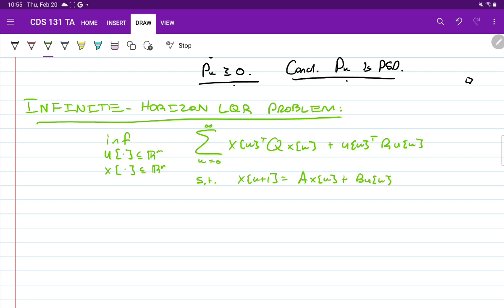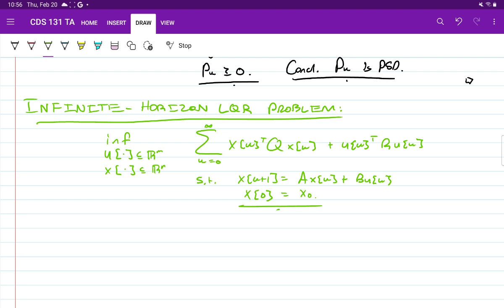This needs to hold for all k, now going from 0 up until infinity, and subject to some initial condition, x at time 0 equals x naught. Okay? So this is our infinite horizon LQR problem. We drop our terminal cost because there's no longer any notion of terminal state, and then we take our horizon n and send it off to infinity.